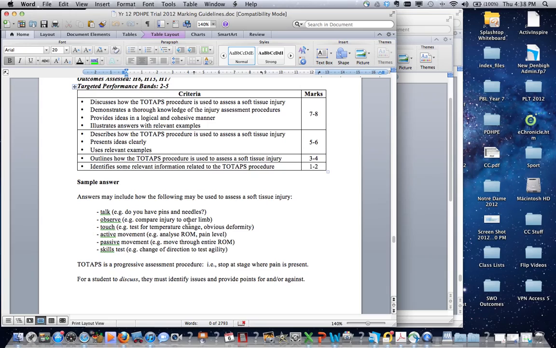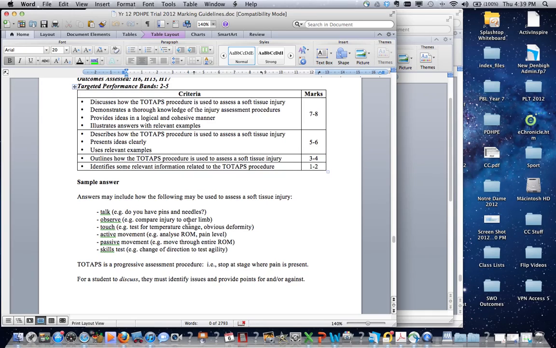Passive movement, again using movement to look at if the player is able to move that injured part through its normal range of motion. This is done through the assistance of the sports trainer or the medical officer.